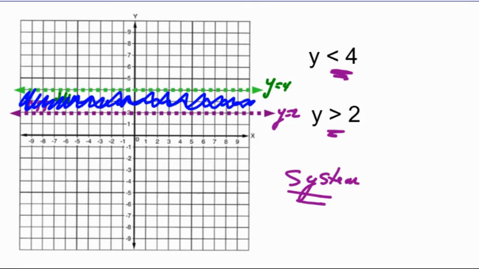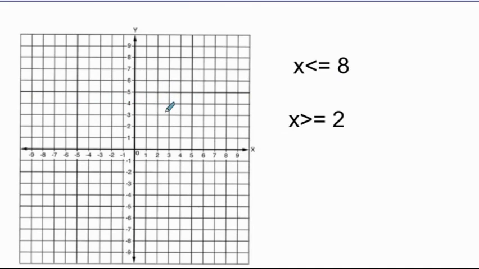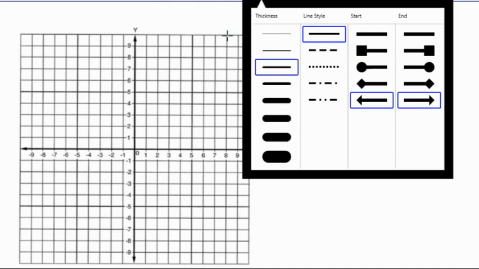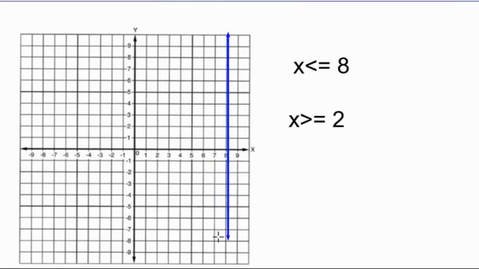Let's do a couple more. Here I have x is less than or equal to 8. Just double checking here. Yeah, I did dotted lines. Good. x equals 8. Okay, so I'm going to take a line here, but I know it's a solid line. Oh, it won't go totally straight up and down.